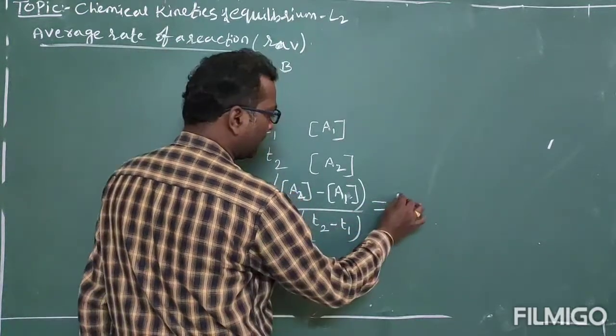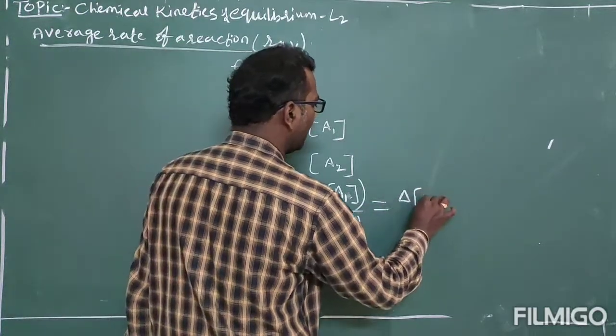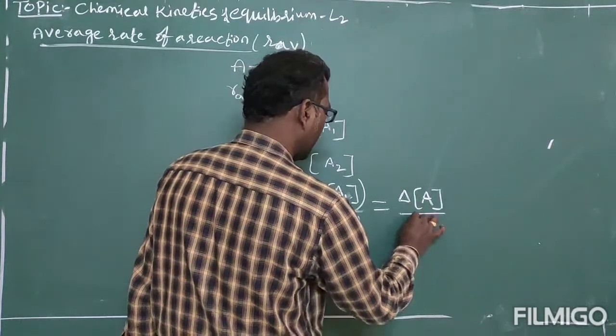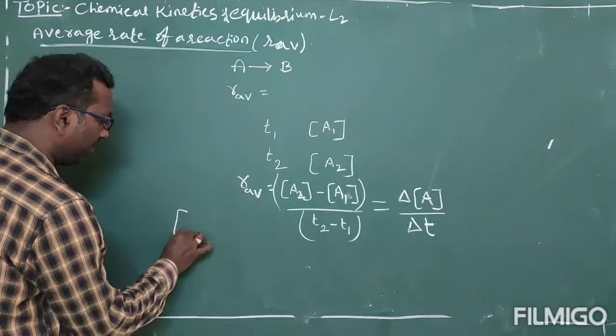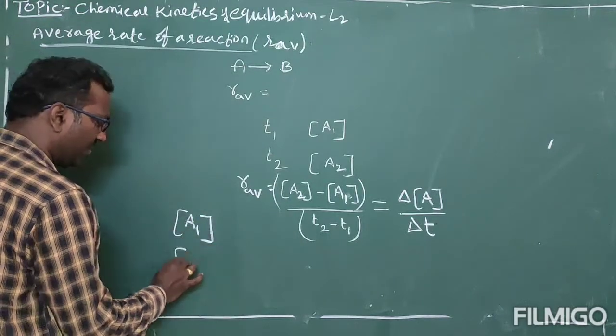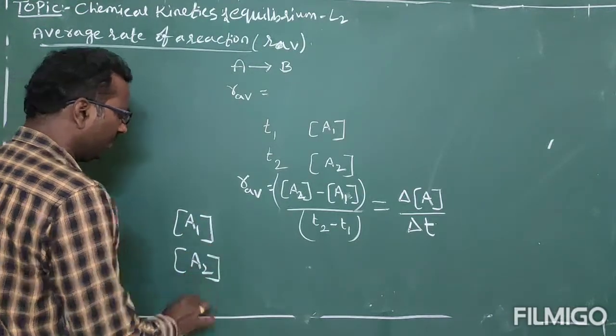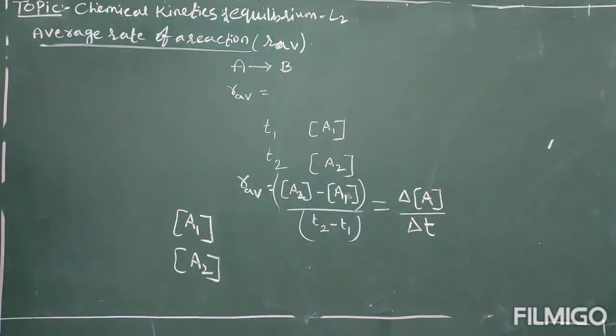So how will we write this? It is nothing but delta A by delta T. So what is A1 and what is A2? What is the symbol?